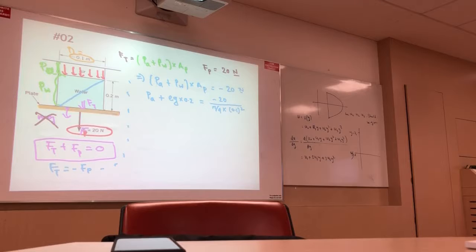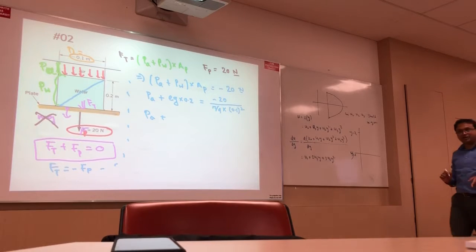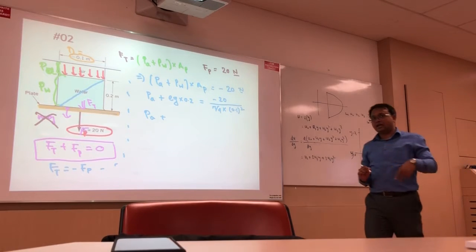Then I can write PA plus, what is the rho G? Remember, rho G becomes 9800.